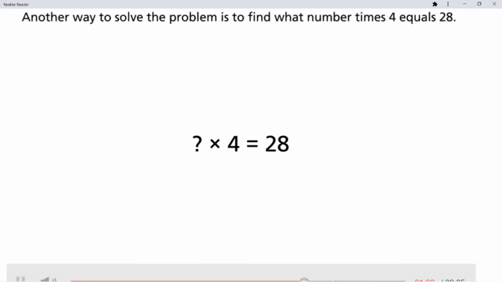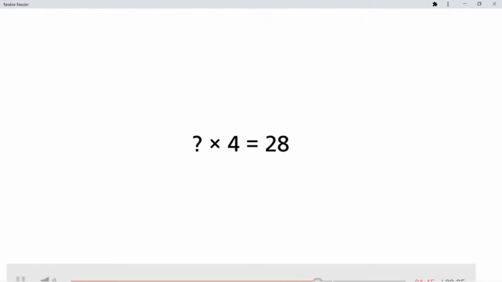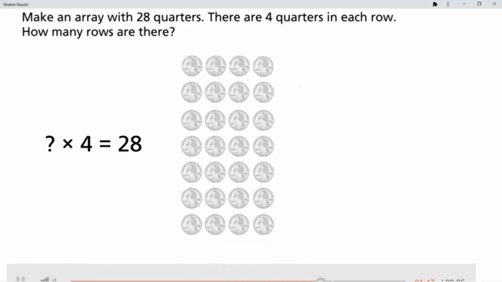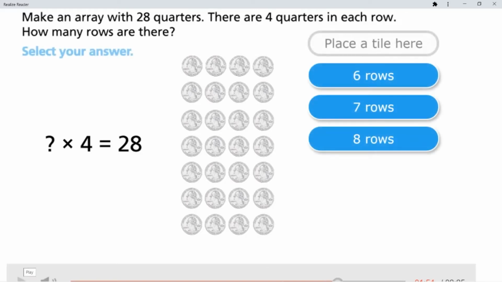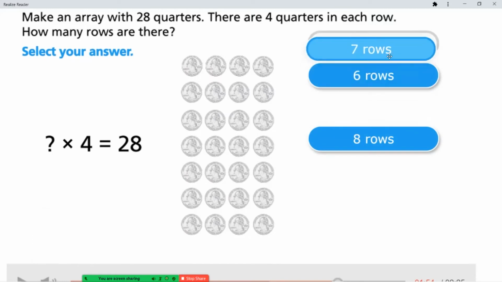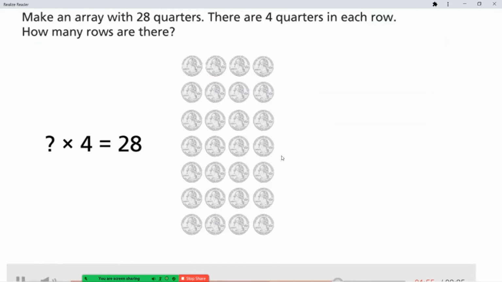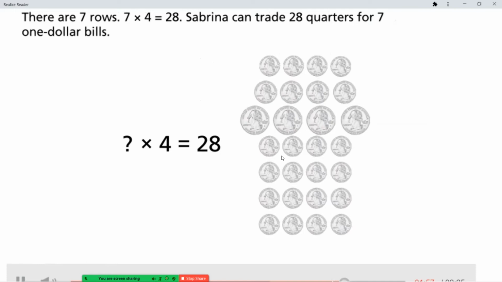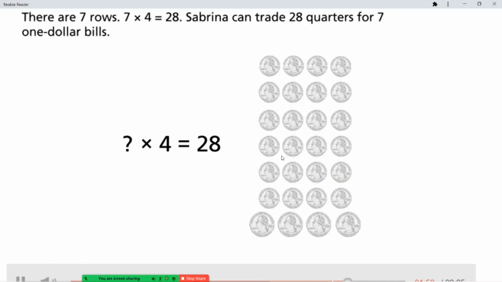Another way to solve the problem is to find what number times 4 equals 28. Make an array with 28 quarters. There are 4 quarters in each row. How many rows are there? Select your answer. There are 7 rows. 7 times 4 equals 28.